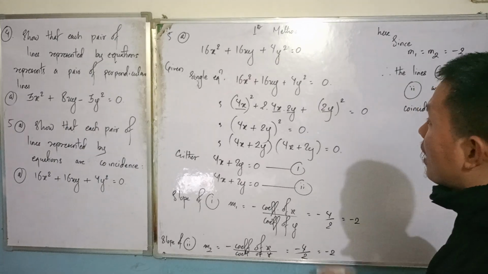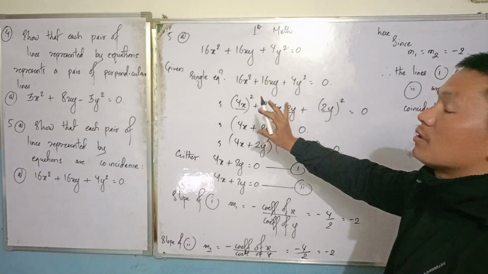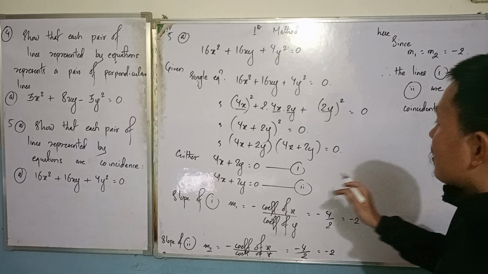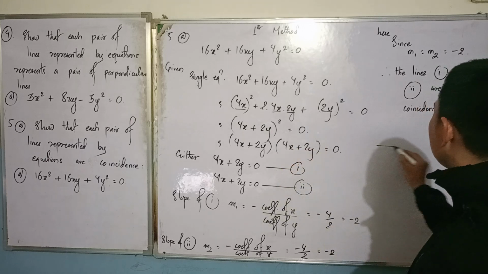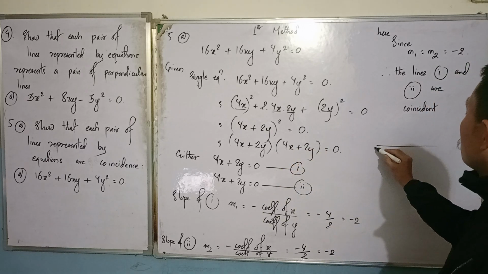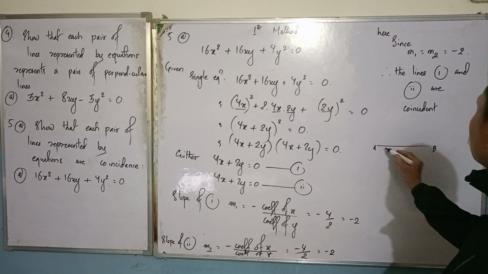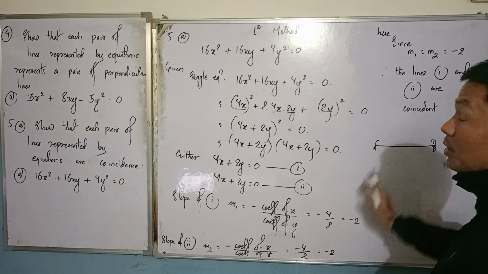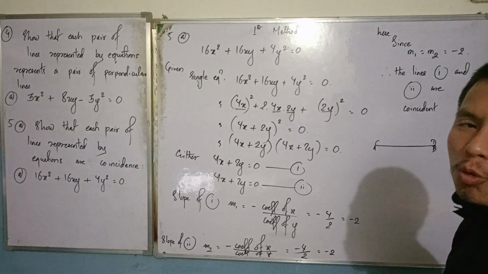Okay, the lines represented by the single equation are coincident to each other. Coincident means they are overlapped, completely overlapped. So if AB is a line, then another CD also completely overlaps into the same line. This is what I mean by coincident.